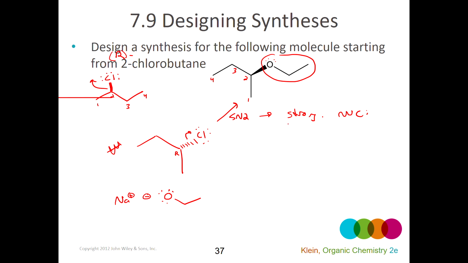So I would also want to make sure I use a polar aprotic solvent so that the solvent surrounds the counterion. Maybe I'll use acetone. Acetone is very easy to evaporate after the reaction.